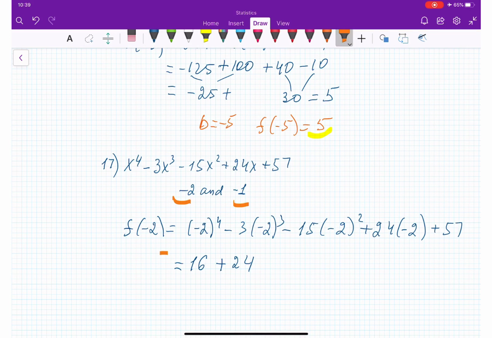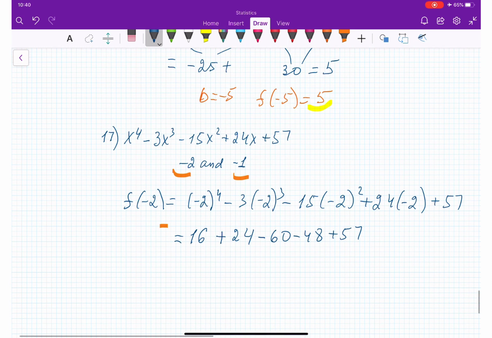Next, -2 squared is positive 4, and then positive 4 times -15 is going to be -60. Next, 24 times -2 is going to be -48, and plus 57.